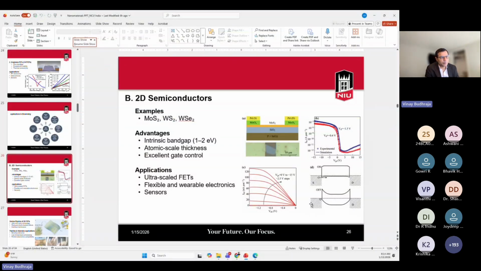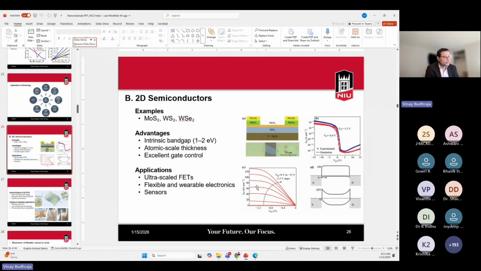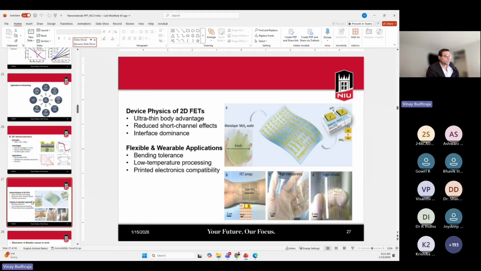The band diagram is very much similar to the carbon nanotube, as we saw earlier in the on state and the off state. Even though device sizes are small, you can see proper saturation region even at lower drain to source voltages. In the device physics of 2D FETs, you can have these materials deposited on ultra thin body, and it has reduced short channel effects. It has interface dominance.